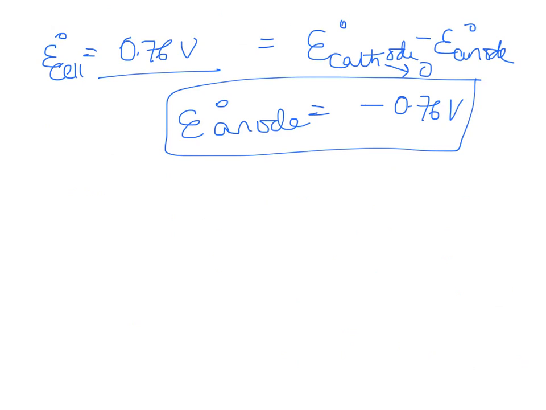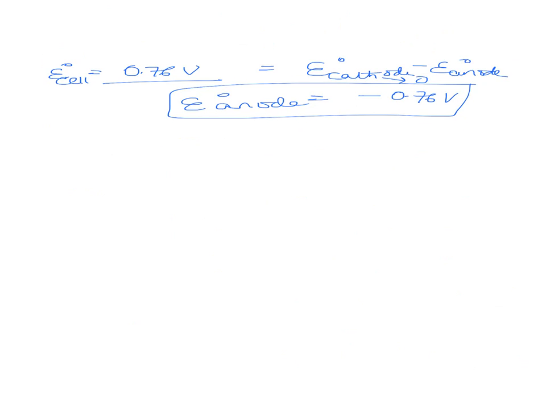So if you had to write down the cell representation for this particular cell, you would say that this is a combination of zinc going to Zn2 plus and hydrogen becoming hydrogen gas, and that's happening at the platinum electrode. And of course, there's a salt bridge that's going to separate the two out, but those are the two basic reactions occurring in this cell.